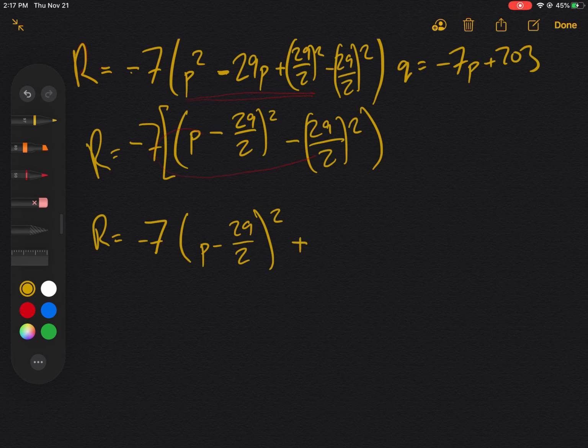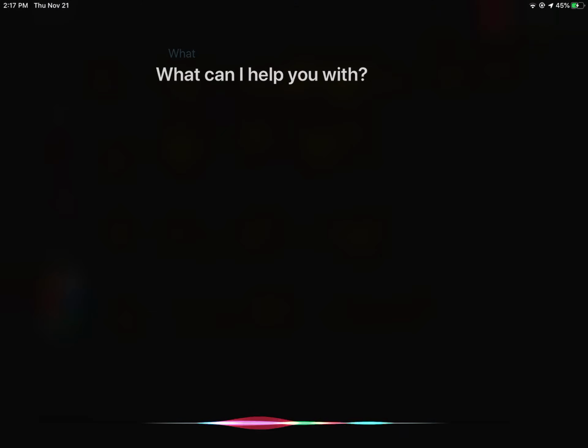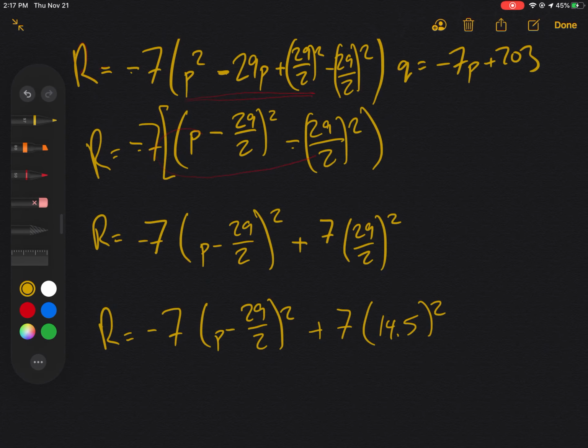Minus times minus is plus, and then 7 times 29 over 2 squared. And we're almost done. Let's just write it out: 14.5 squared is 210.25, times 7. Right?